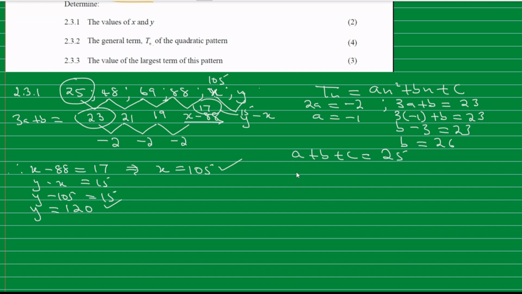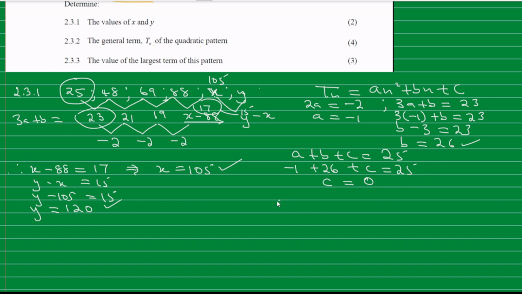Our a is -1, we've calculated here. Our b is 26, we've got it here, plus c, that is 25. Calculating c, our c will be equal to -1 plus 26, that is 25, which comes over, so our c will be 0.